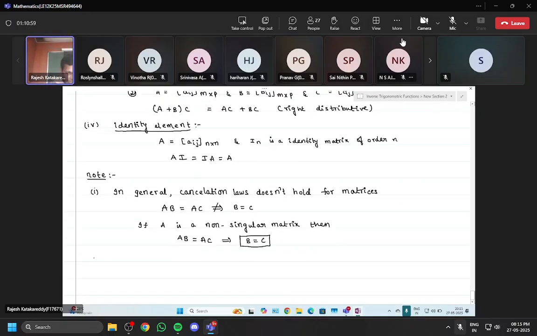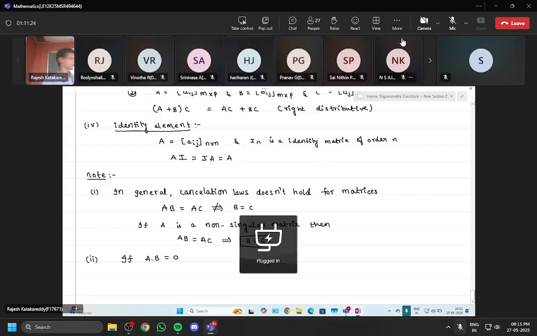Second thing, guys: in real numbers, we learned in lower grades that if the product of two real numbers A into B equals 0, we directly write either A is 0 or B is 0. Both can be 0 as well. What do you think for matrix multiplication? If A into B equals the null matrix, where O stands for null matrix, what can I say about it?